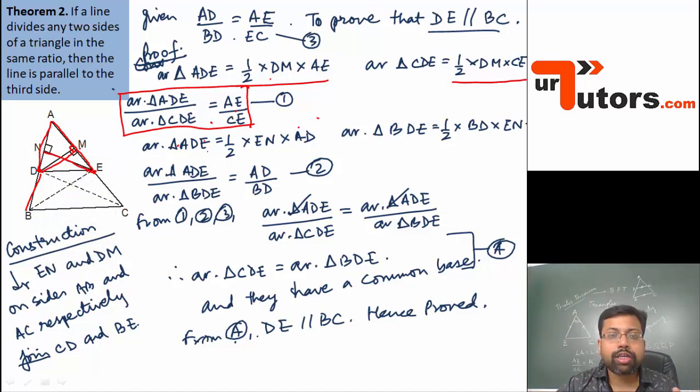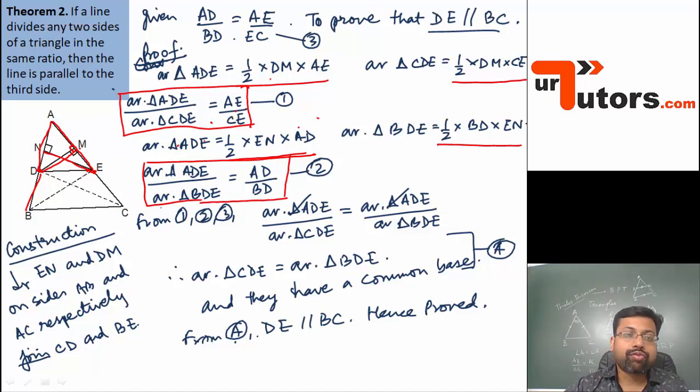So you have area of triangle ADE equal to half into EN into AD, and area of triangle BDE is going to be half into BD into EN. Take the ratio of the two and you get the equation 2, which is area of triangle ADE by area of triangle BDE equal to AD by BD.